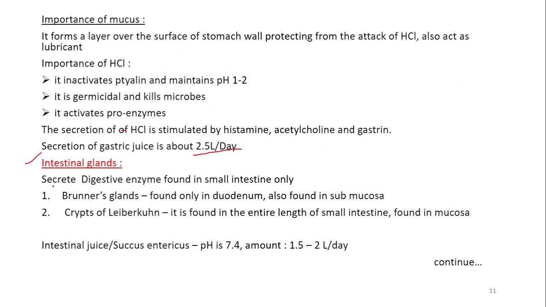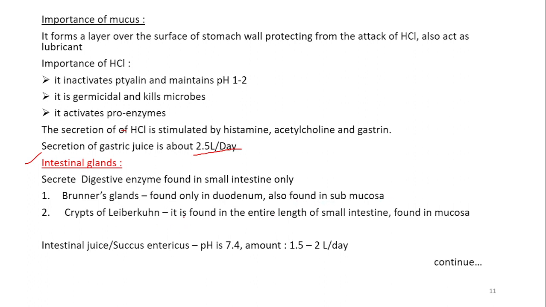Intestinal gland. Intestinal glands which secrete the digestive enzymes are found in the small intestine only. Number one is Brunner's glands and second one is crypts of Lieberkuhn. Brunner's glands are found only in the duodenum, in the submucosa.